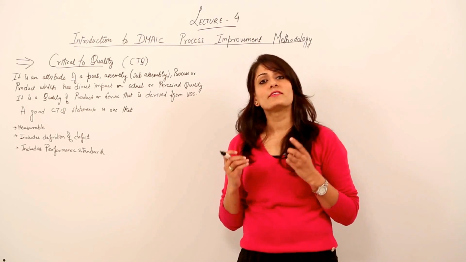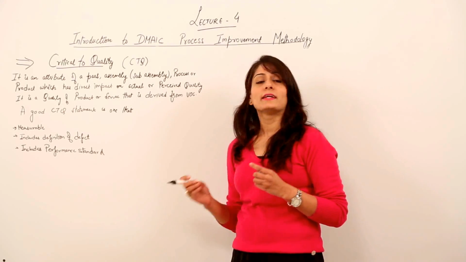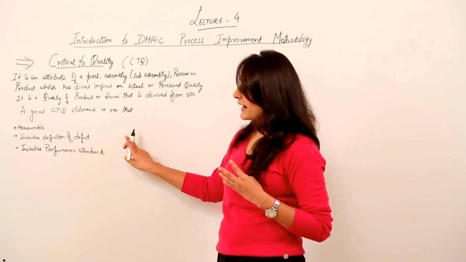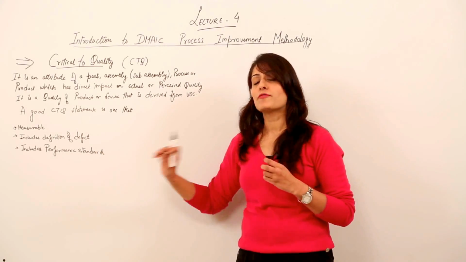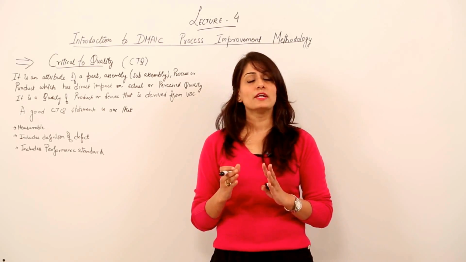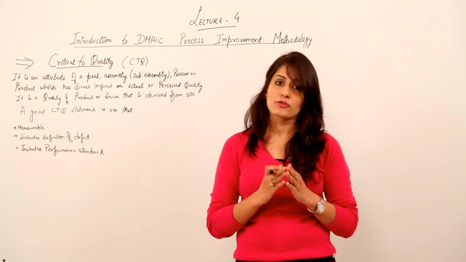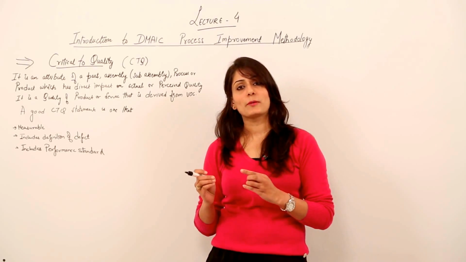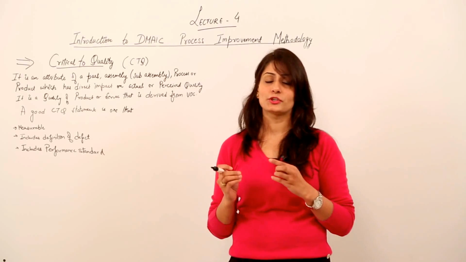So a good CTQ statement is the one that is measurable, which includes a definition of defect and a performance standard. Now that we know what VOC is, we also know that VOC is something vague. So to make it more measurable, we should convert it into a CTQ statement.